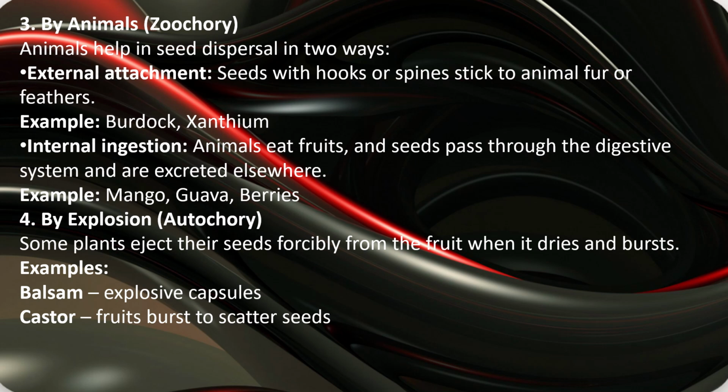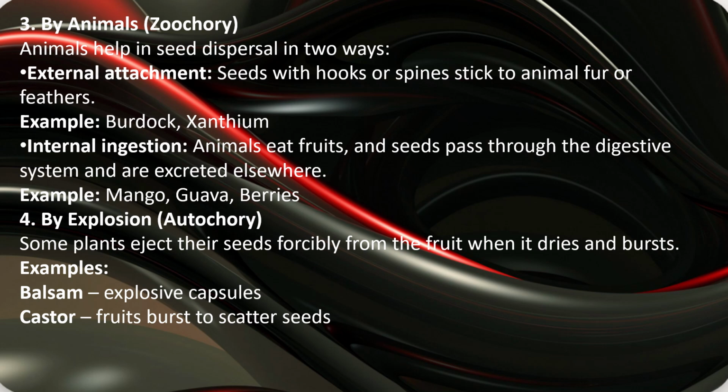3. By animals, zoochory. Animals help in seed dispersal in two ways. External attachment: seeds with hooks or spines stick to animal fur or feathers. Example: burdock, xanthium. Internal ingestion: animals eat fruits, and seeds pass through the digestive system and are excreted elsewhere.